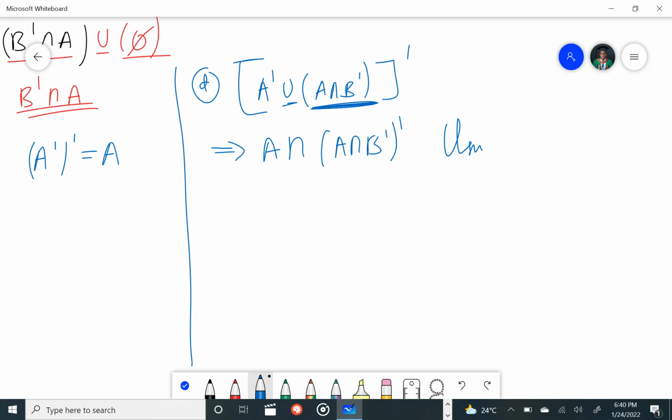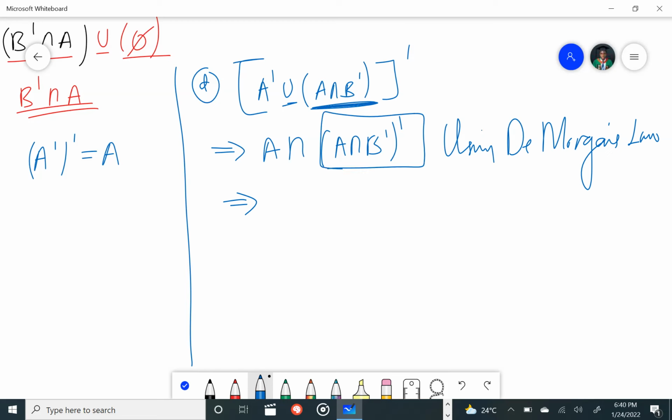So the law that we've used is De Morgan's law. Then again, we have to break this one down further, right? So again, you want to distribute that complement, only in the bracket. So A becomes A complement, intersection becomes union. Then the B complement complemented again becomes what?